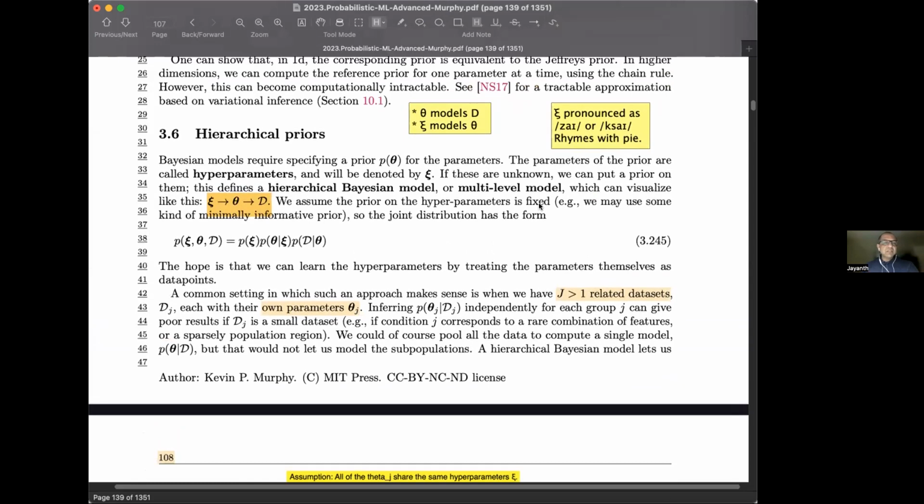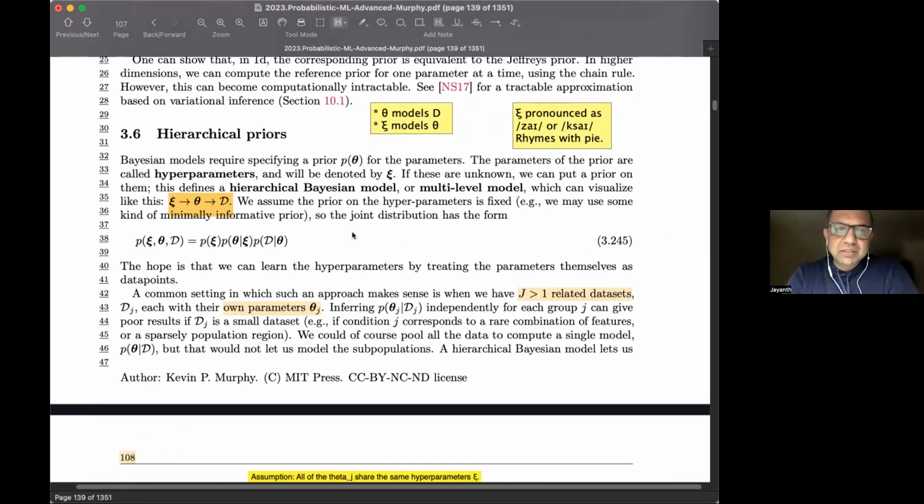So continuing on, 3.6 is hierarchical priors. We've seen priors before, and the idea here is that we don't know what to use as a prior, so we introduce another level, if you will, and that is this set of parameters called psi, which will help us form the priors.